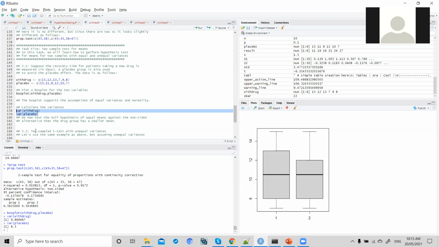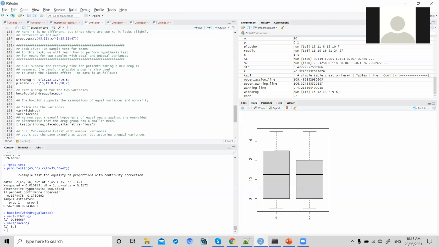So the variance is different, right? So here we do t dot test, bracket, with withdrawal comma residue, comma. The alternative is less.